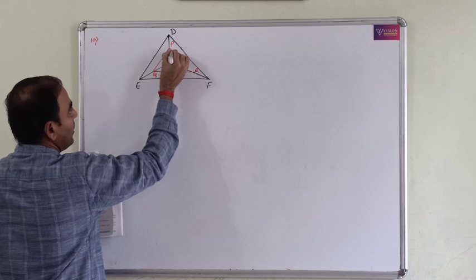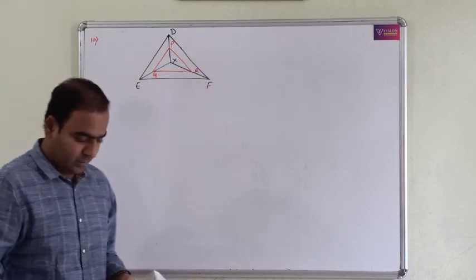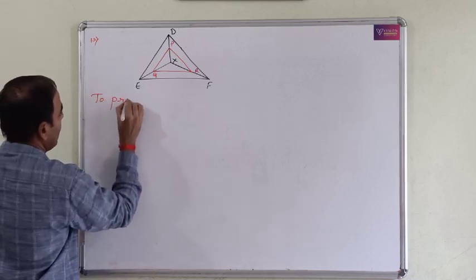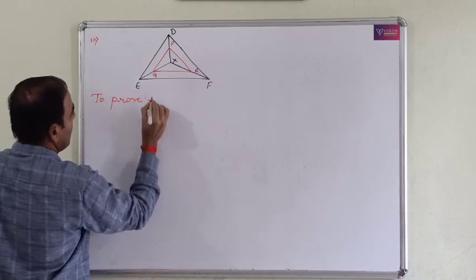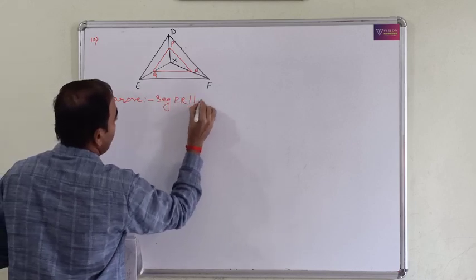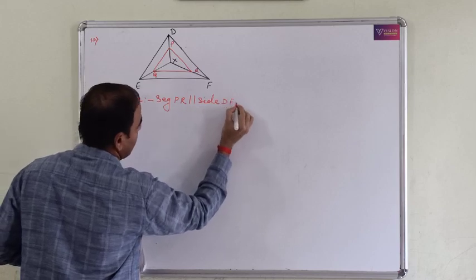Then we have to prove PR is parallel to DF. So I am writing here: to prove segment PR is parallel to side DF, and this is our target.